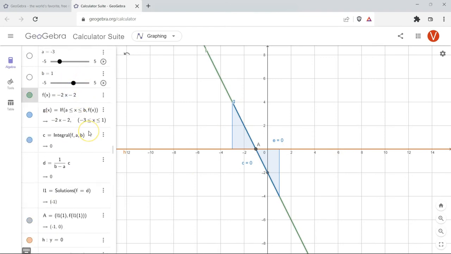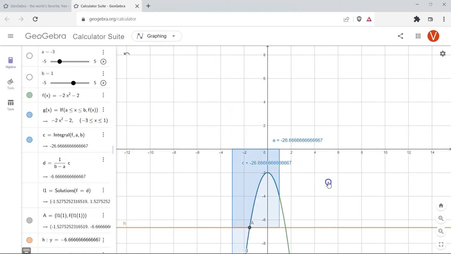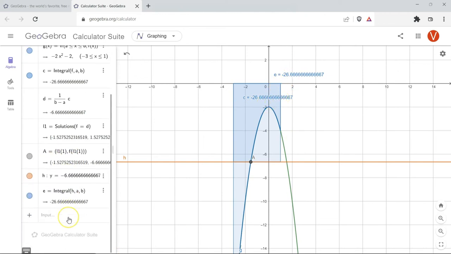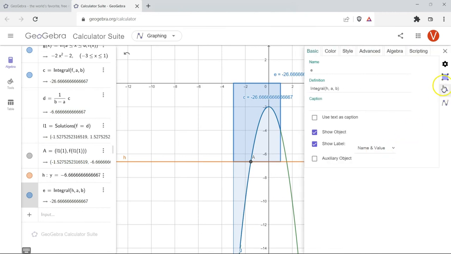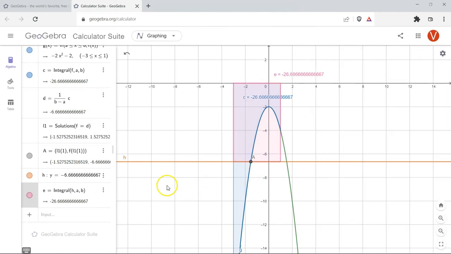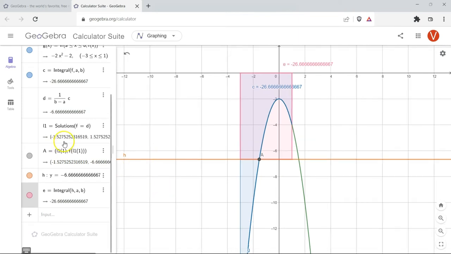So let us say x square. Now you see the areas are still the same. Now let me change the colors of this so that it becomes much clearer. So let's change the color to red. And now I will remove this.